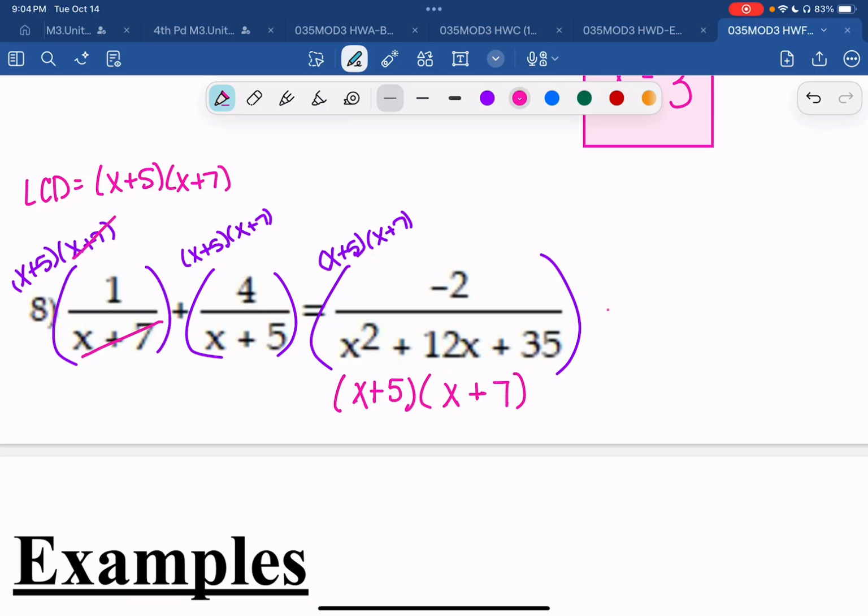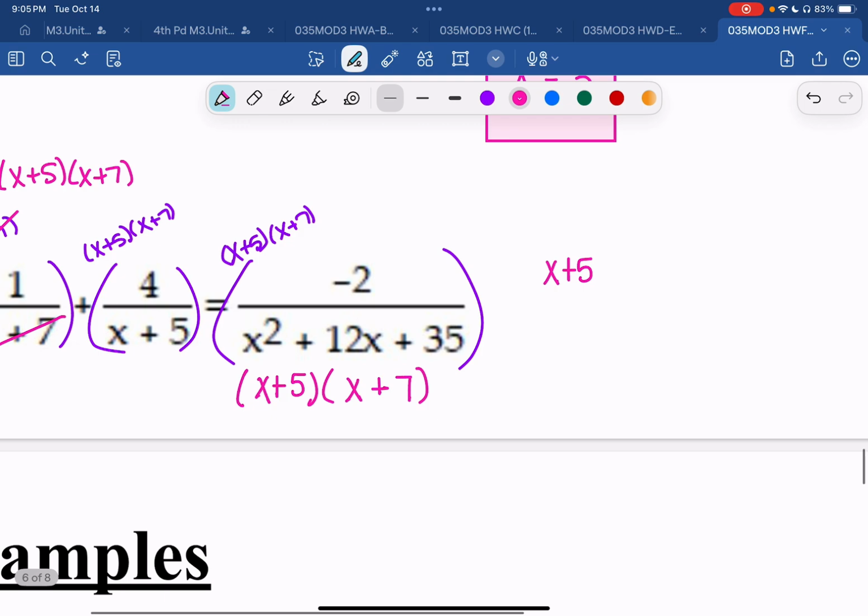So in that first term, I've just got x plus 5 times 1, which doesn't change anything. Then this will cancel. So then I've got plus 4 times x plus 7. And then that goes away, that goes away. And so I've just got the negative 2 left.